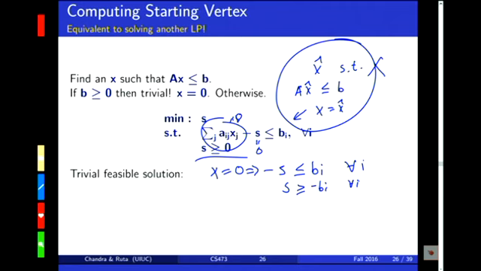Right? And that is just saying that S is the max of minus b_i. I don't need the mod.